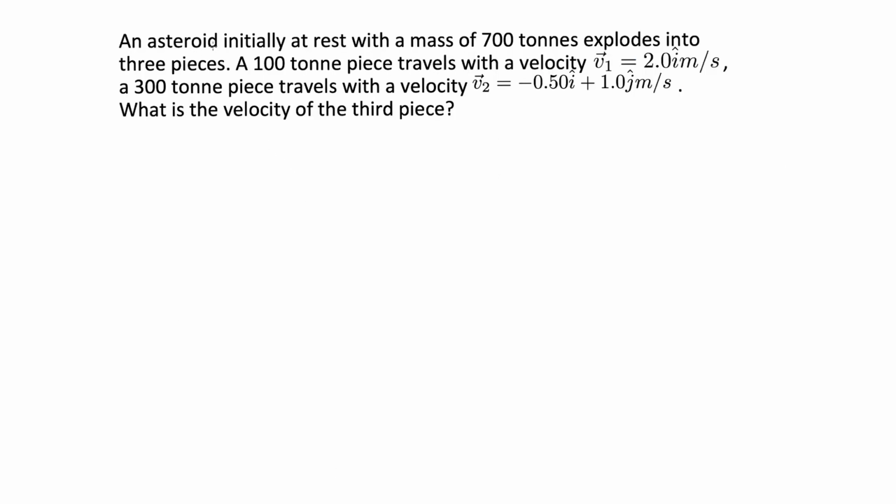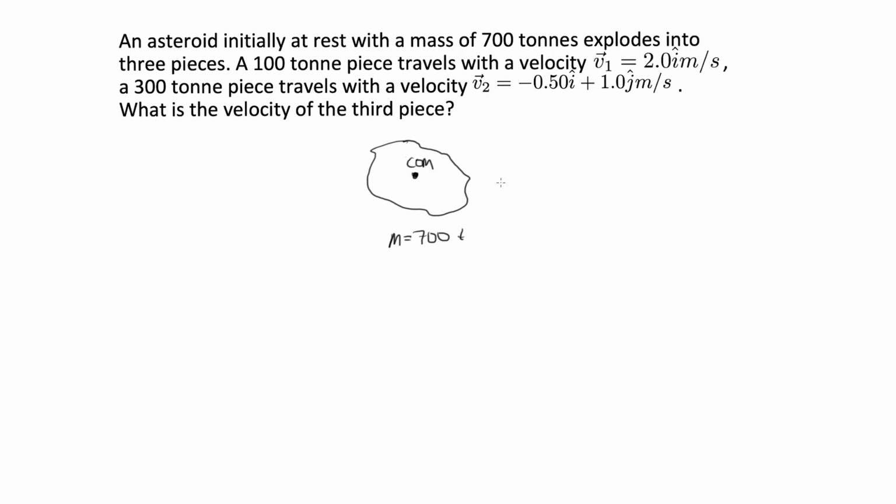So in this problem, we've got an asteroid which is initially at rest with a mass of 700 tons. It explodes into 3 pieces. Okay, so here it is initially. Let's say its center of mass is here.